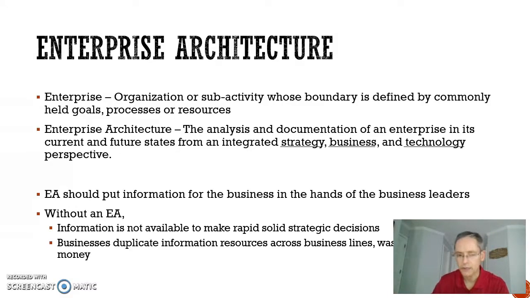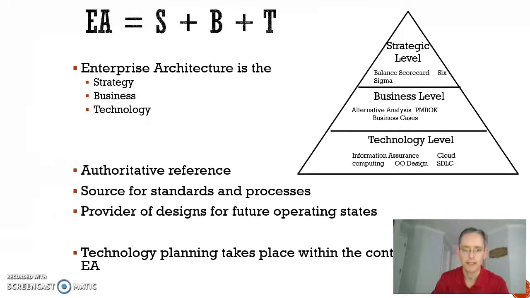A lot of back and forth on the state of enterprise architecture, but at its core, what we're talking about is just understanding the environment that you're in and being able to build a system that can support the entire business. It's created by basically combining your strategy, your business, and your technology. Look at the pyramid over there, and that's what we're talking about. There's a technology level that underpins everything. There's a business level that says, all right, how are we going to use those, right, to advance the business?